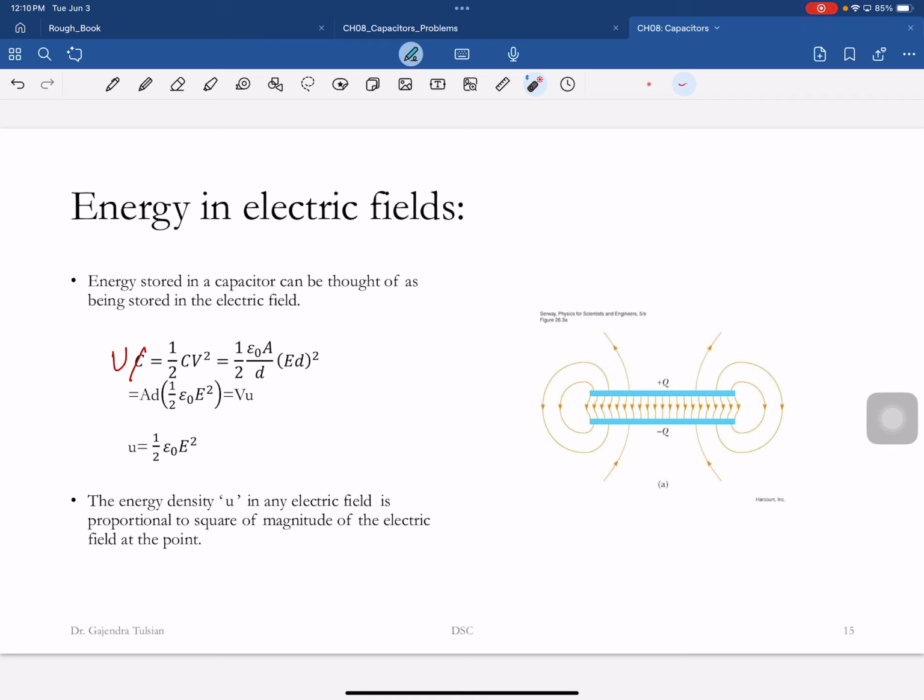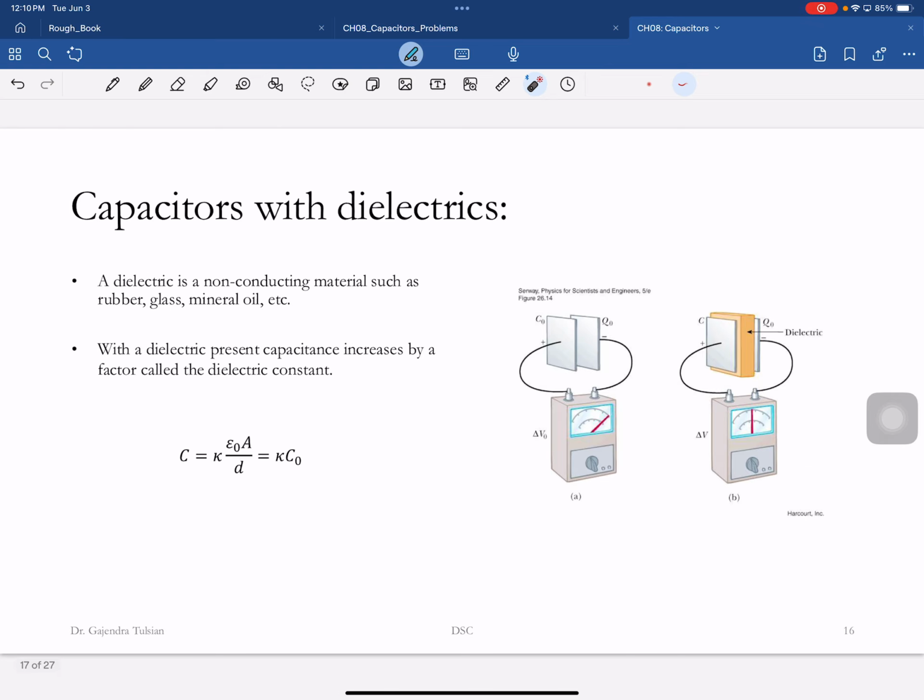I just don't have a closed form formula for it. You can make this capacitor too. You can make anything. We don't have a formula for it, that's all. And no matter how the conductors are, the charges will always be equal.